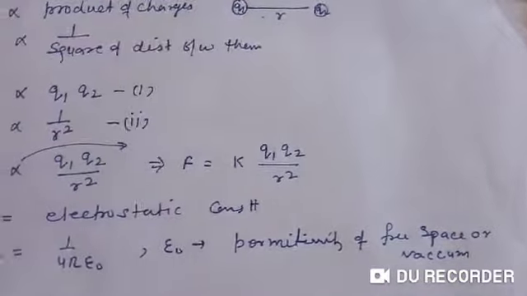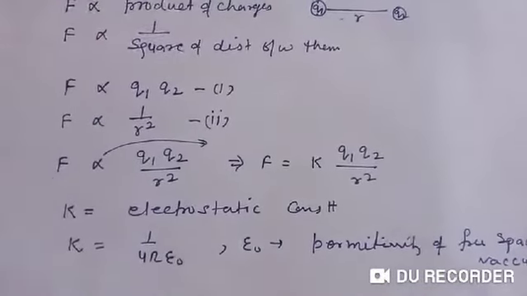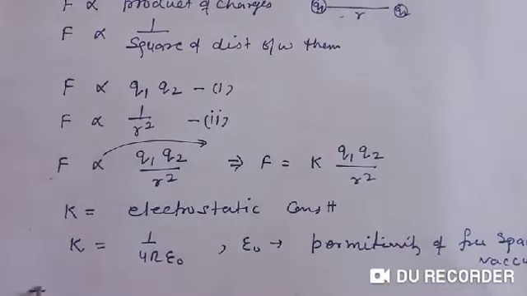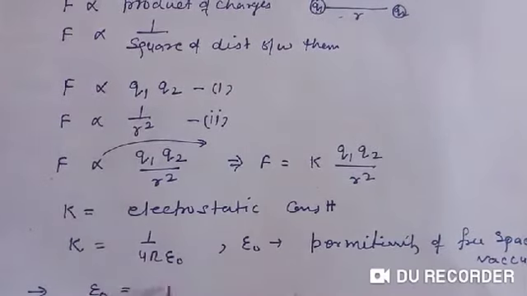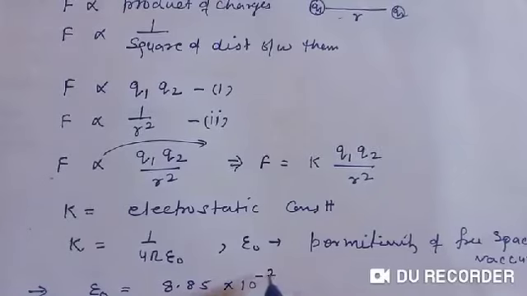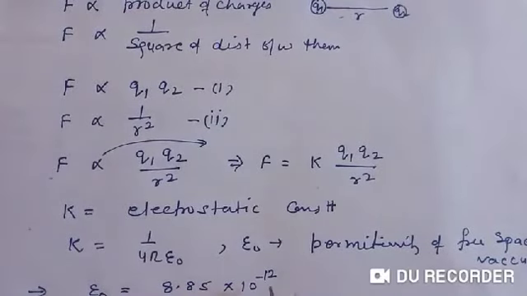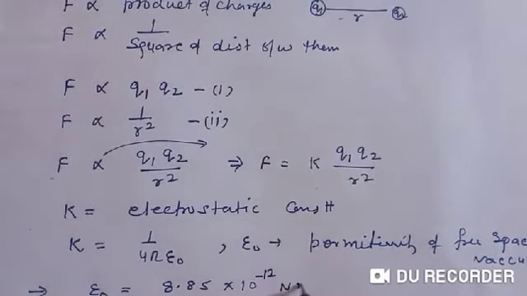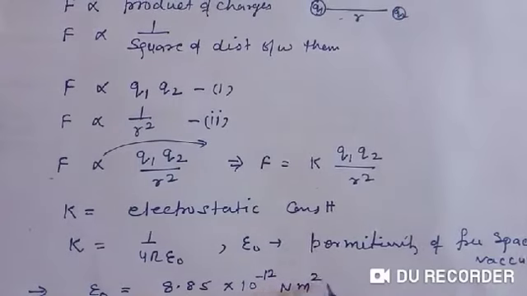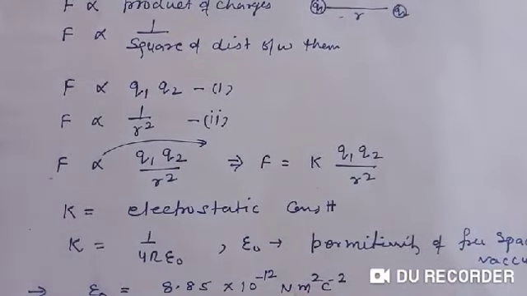Larger the permittivity, smaller will be the force, right? And its numerical value is 8.85 into 10 raised to power minus 12 Newton meter square per Coulomb square.